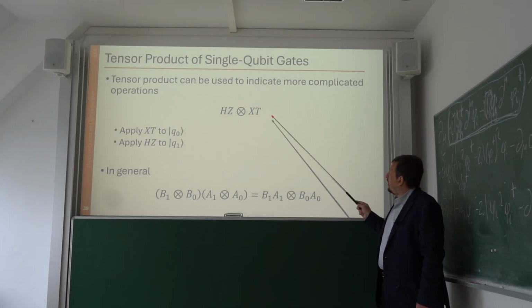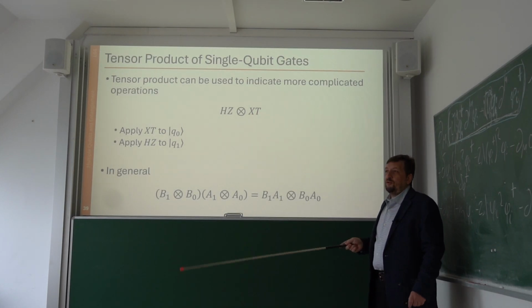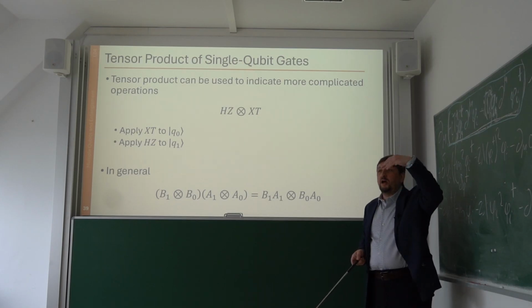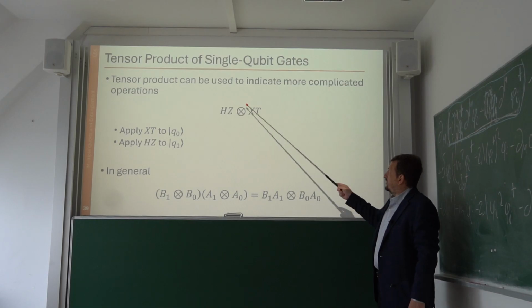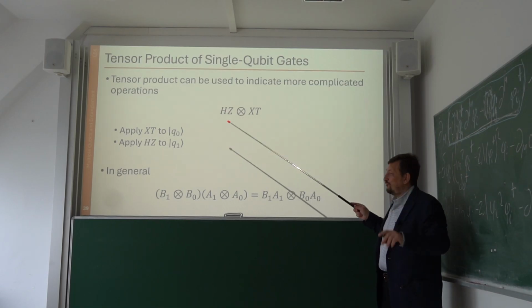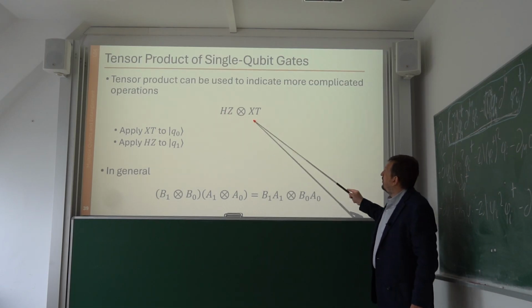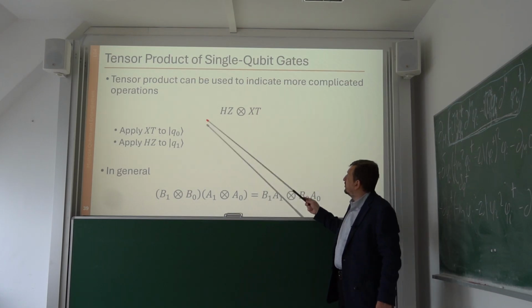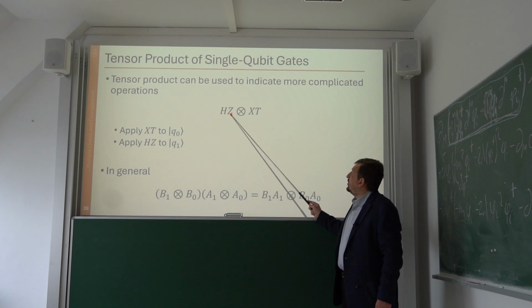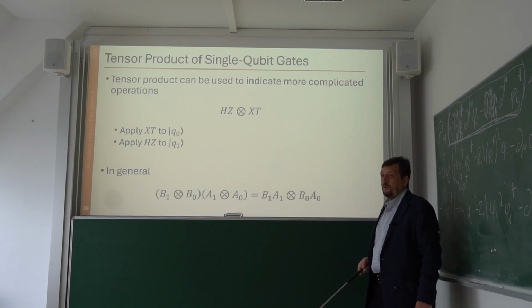The formula means that multiplication of operators of gates has higher precedence than tensor product, but sometimes you can just put parentheses to be sure. So what does this formula mean? It means that we apply XT to qubit 0 and we apply HZ to qubit 1, like that.